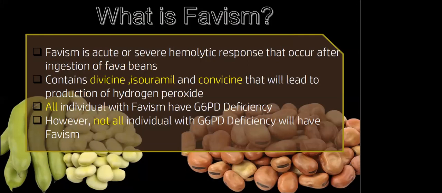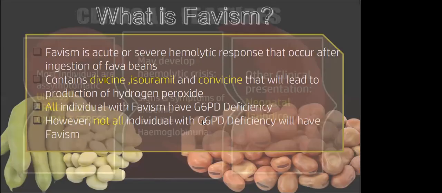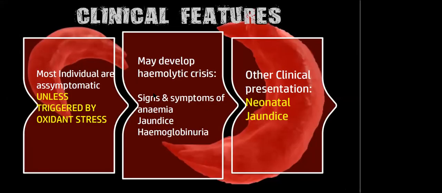It is believed that fava beans contain divicine, isouramil and convicine that lead to the production of hydrogen peroxide, which is a free radical. All individuals with favism have G6PD deficiency, but bear in mind that not all individuals with G6PD deficiency will have favism.